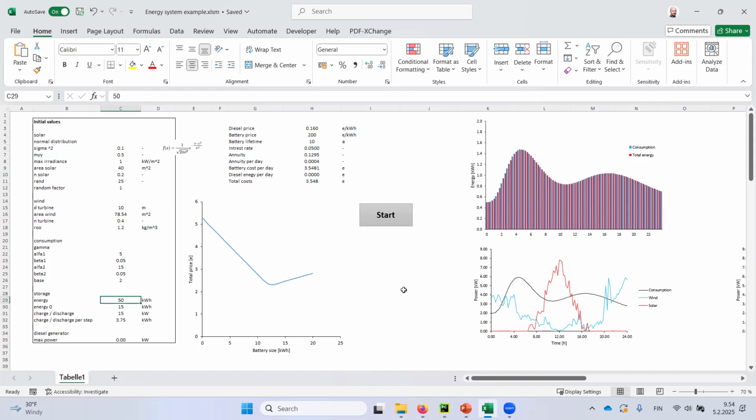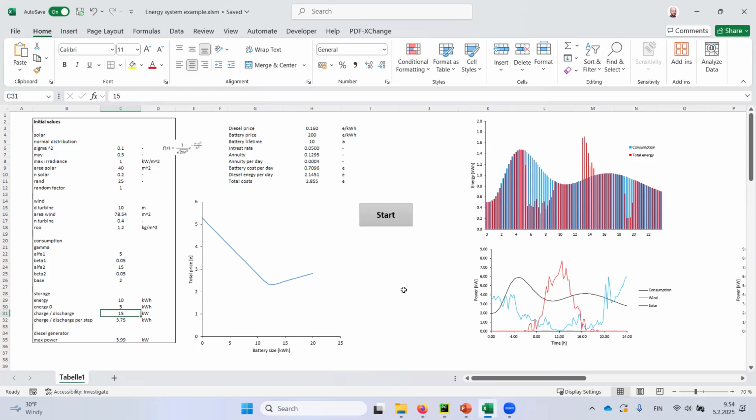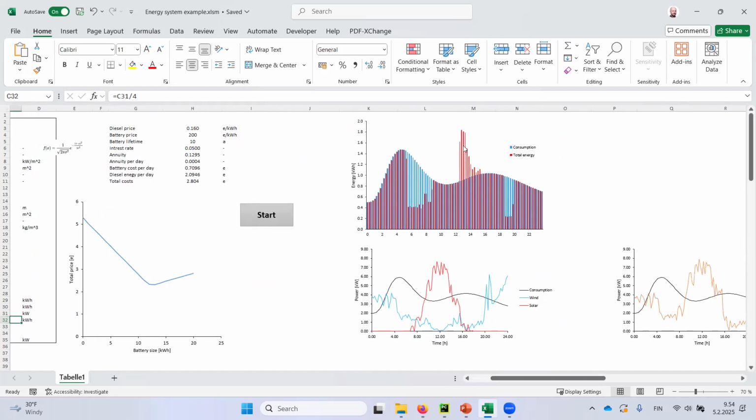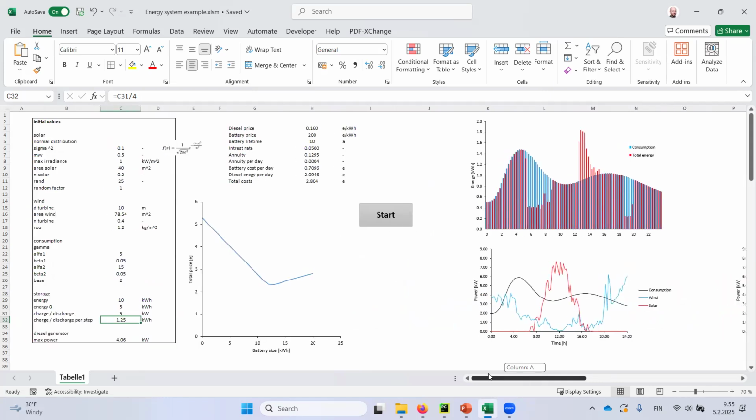But you can see that if I put a small battery, smaller initial charge, and smaller charge or discharge, this was the idea to see how much of this curtailment we have. So how much of the energy from the solar and wind production do we lose? Because we cannot use it anywhere. So that's being curtailed. And then how much of the energy usage has to be covered with the dispatchable energy sources. So that would be the diesel generators.